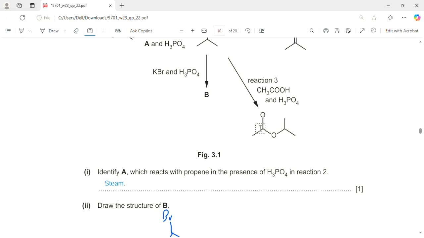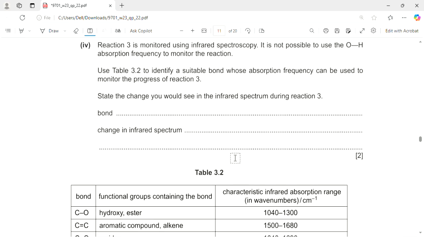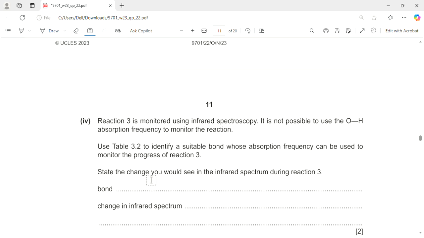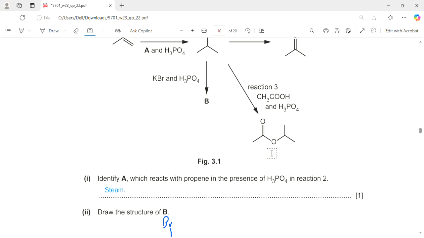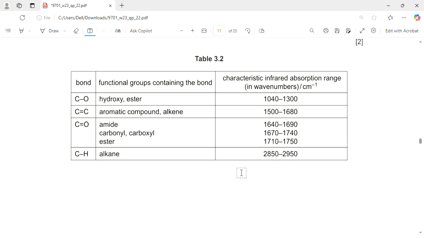So we've seen the table. The bond is something like C double bond O. This can be shown by table 3.2.